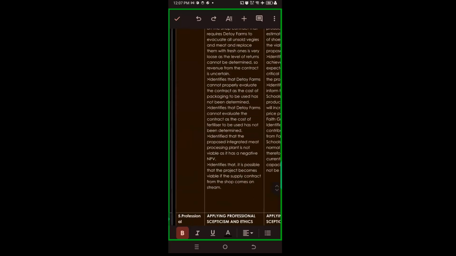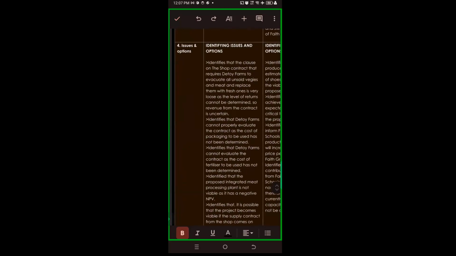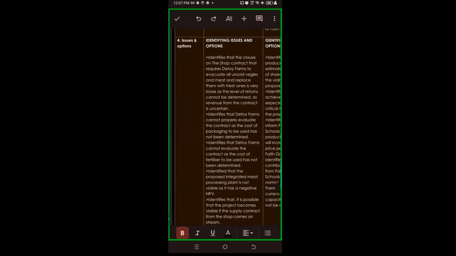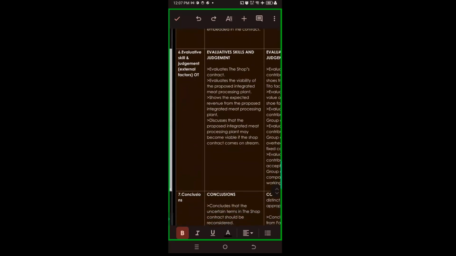So if, when explaining the issues and options, you have interpreted them to be internal factors, maybe factors as regards the contract, for instance, or internal limitations of the company, weaknesses or strengths, then you can explain the evaluating skill and judgment and link it to external factors. Okay, you can link it to external factors.